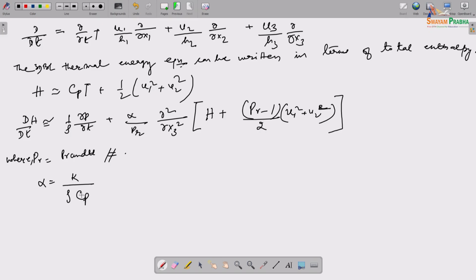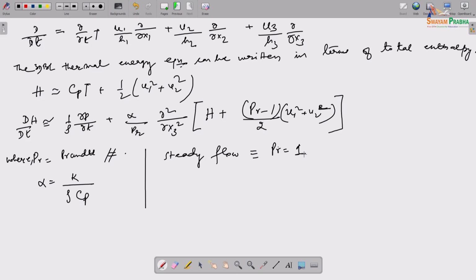Now for steady flow, Prandtl number is equal to 1. Prandtl number is equal to 1.